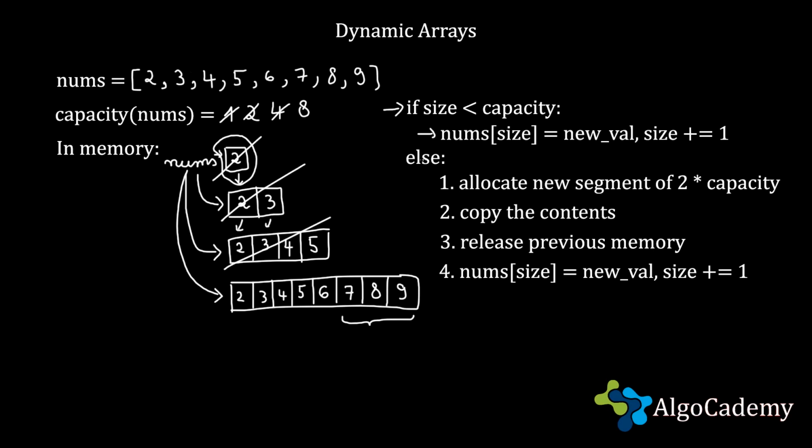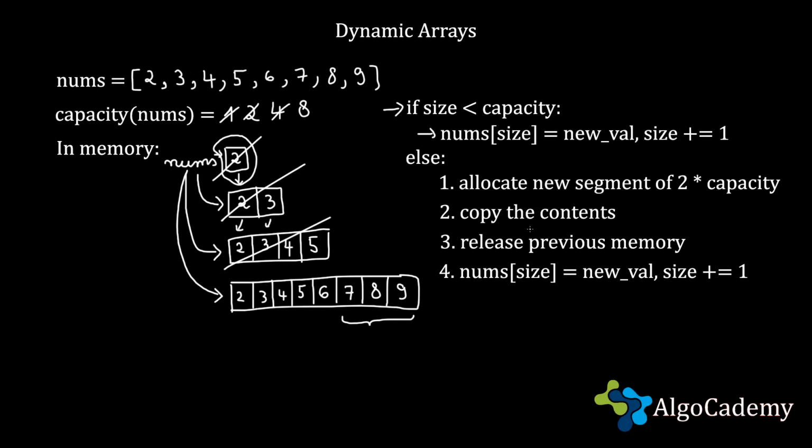But now here is the big thing. Else, which means the size equals capacity, we first allocate a new segment of memory of 2 crossed capacity. For allocating a segment of memory, we are going to need big O of the size of that segment, time and memory complexity, right? So performing this first stage already takes big O of the size of the array.